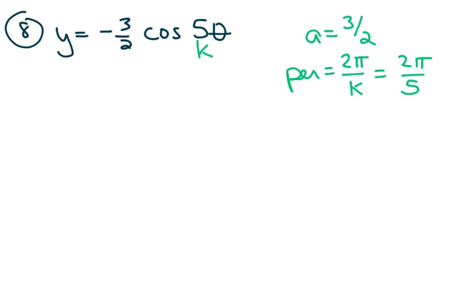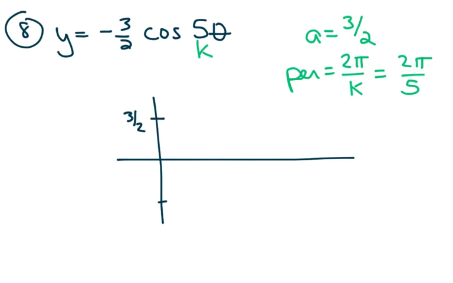Now we're going to graph one period of this curve. I always like to draw a very cheap graph. We're just going to call these tick marks 3/2 and negative 3/2. You don't have to graph 1, 2, and then plot 3/2 between them. The graph is going to start at 0, and it's going to end its period at 2 pi over 5. So what's half of 2 pi over 5? It's 1 pi over 5.